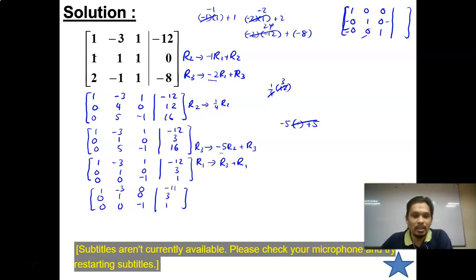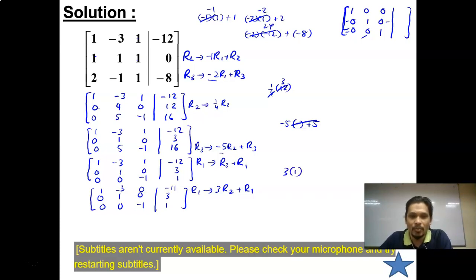Then next is the new R1. The new R1 is 3 R2 plus R1. What is the element in R2 right now? 1.